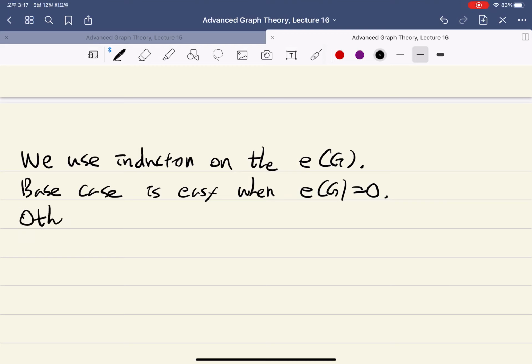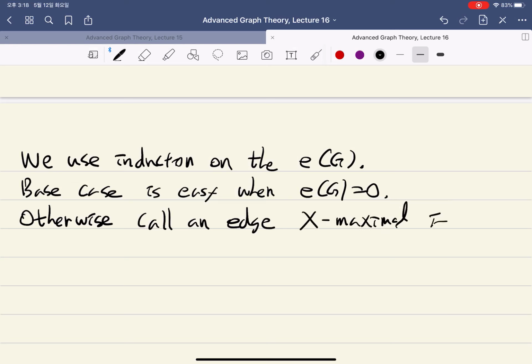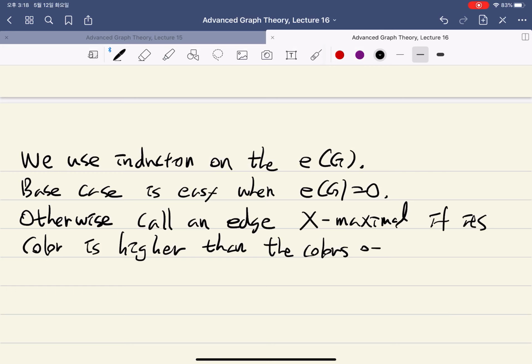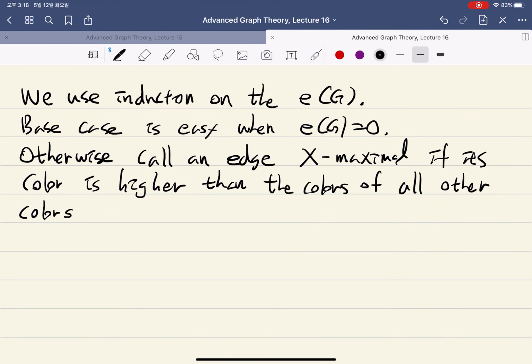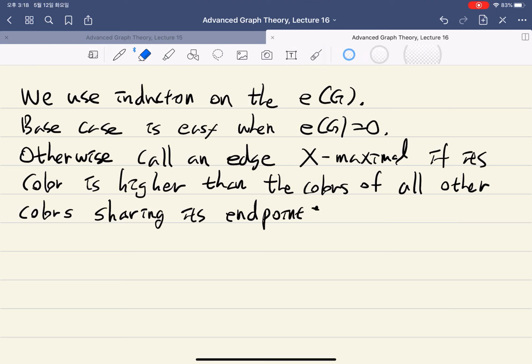Otherwise, let's call an edge of G X maximal if its color is higher than the colors of all other edges sharing its endpoint.